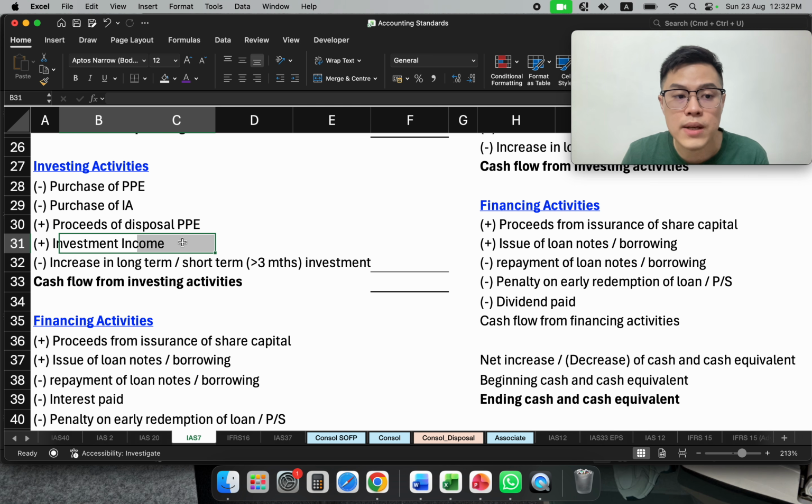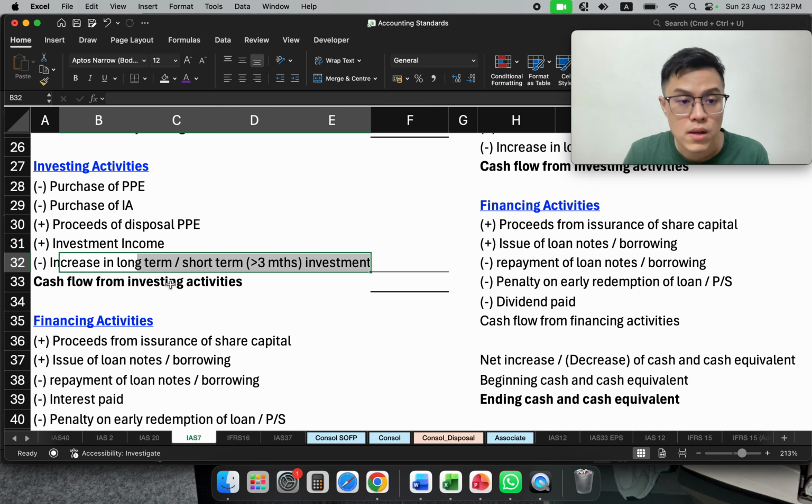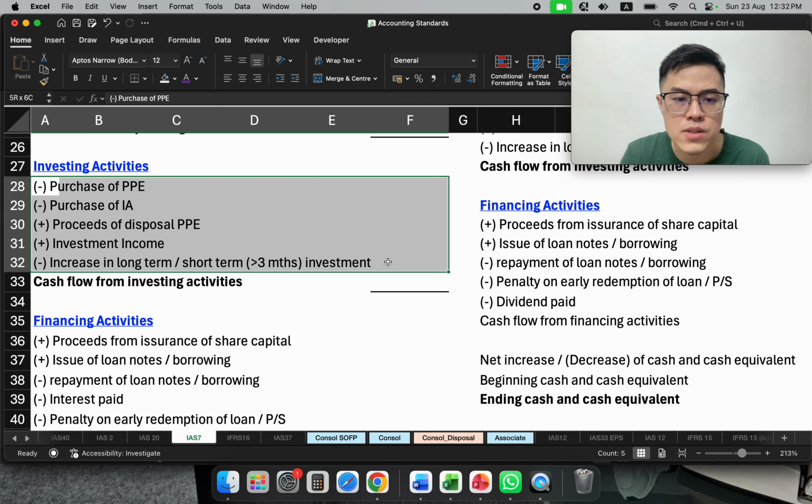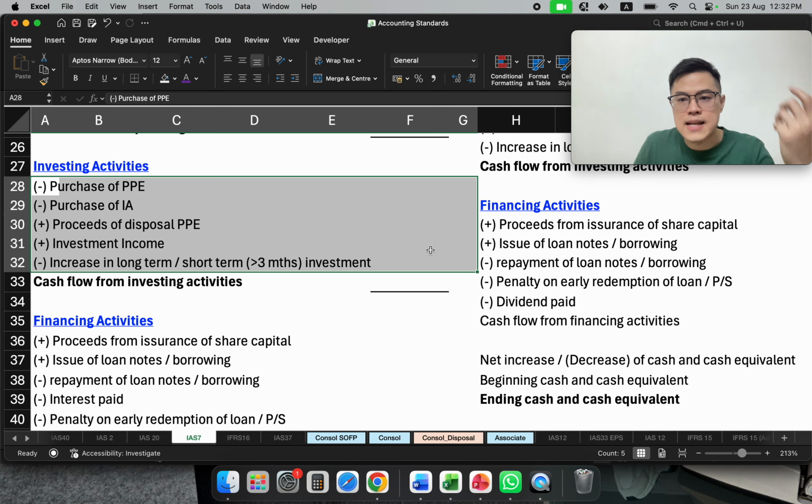Or you get investment income or dividend income. And you minus any increase in long-term investment or increase in short-term investment, and the short-term investment must be more than 3 months. So all that are considered your investing activities because you are spending money hoping that in future all these assets can give you future economic benefit.